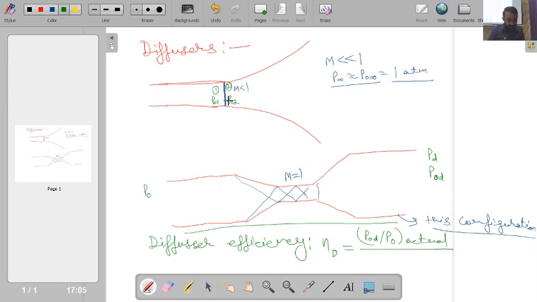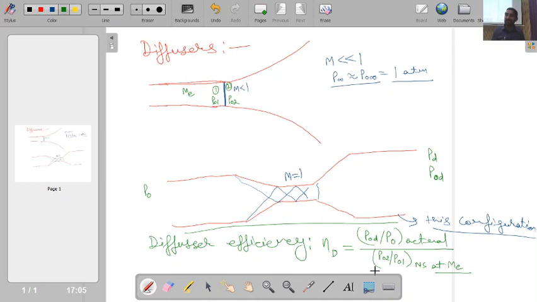So I can simply write P02 by P01 for a normal shock wave at the condition where ME is my desired Mach number in the test section. Whatever number we get, that we call the diffuser efficiency.